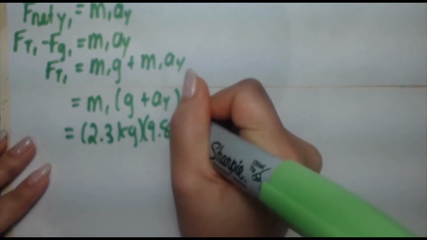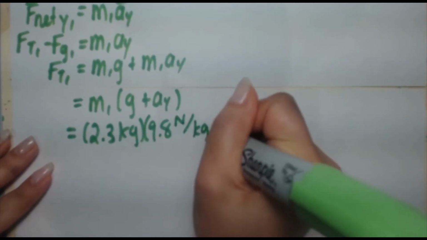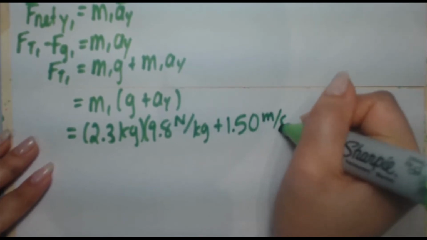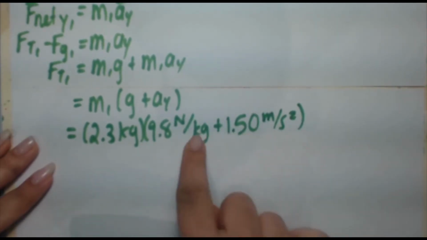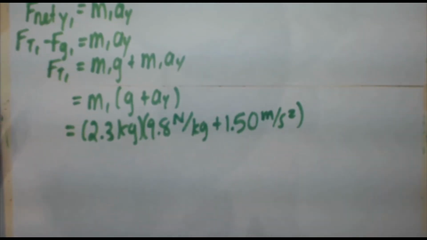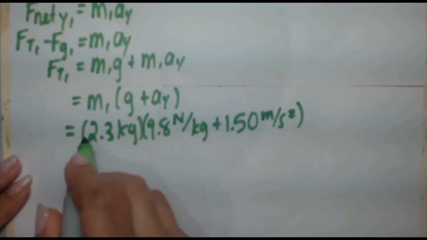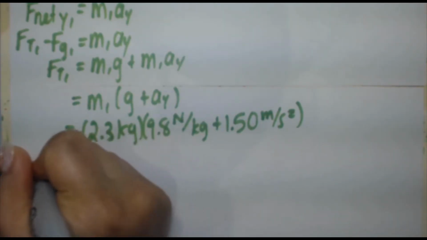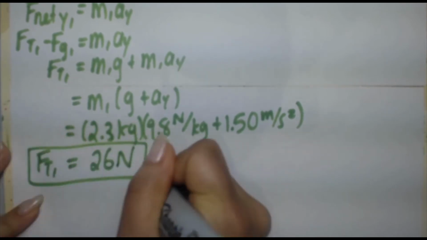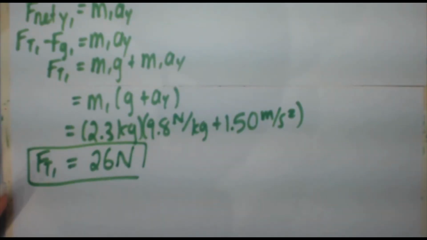G is 9.8 newtons per kilogram. And AY is 1.50 meters per second squared. But remember, meters per second squared and newtons per kilogram are equivalent to each other, and there's a very simple calculation you can do to prove that. Okay, so when you solve this expression through, you're going to get Ft1 equals 26 newtons. Okay, that's a little bit larger than what we had before at 23 newtons. Okay, so that's for object 1.